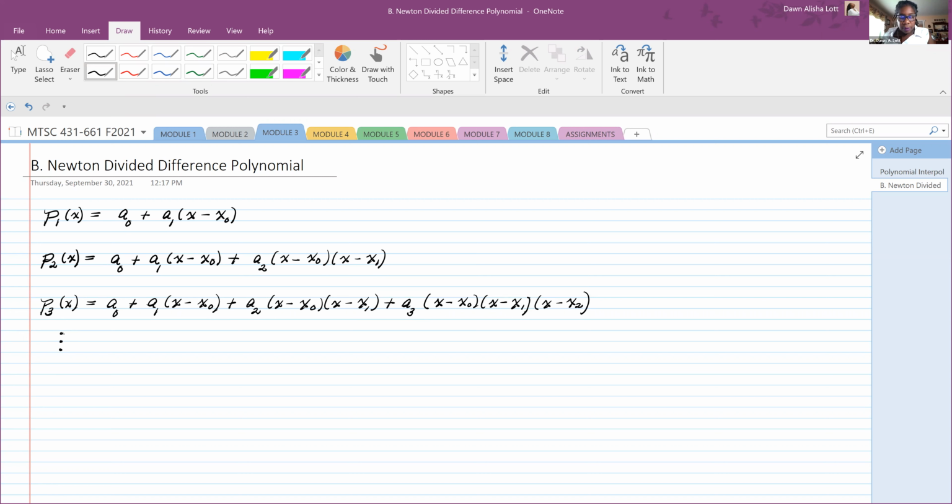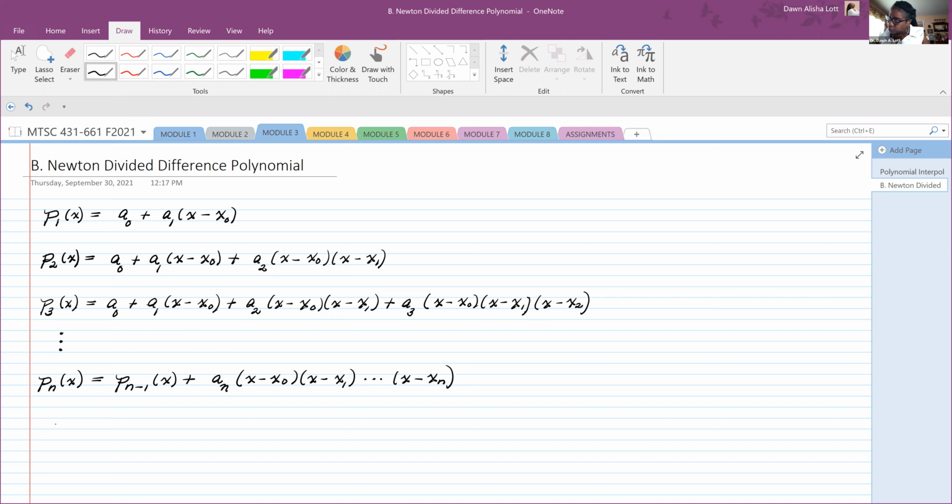And I get all the way down to Pn of X, which is obviously going to be the one before, Pn minus 1 of X, plus a last term An times (X minus X0)(X minus X1) and so on, multiplied times (X minus Xn).